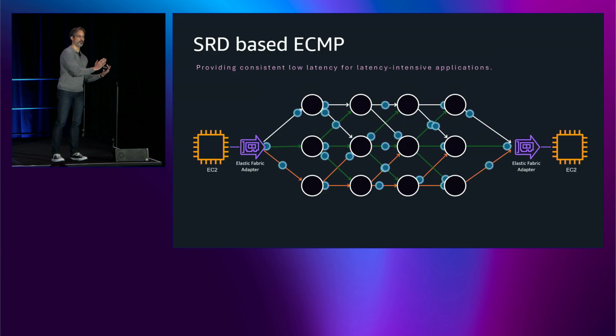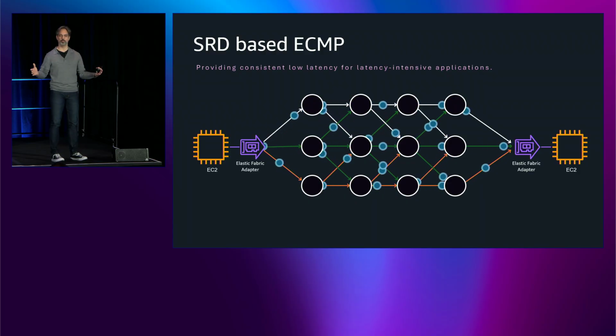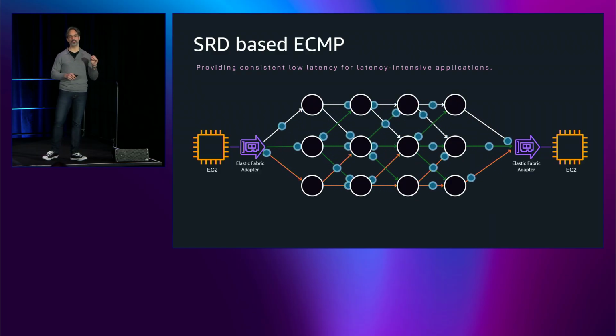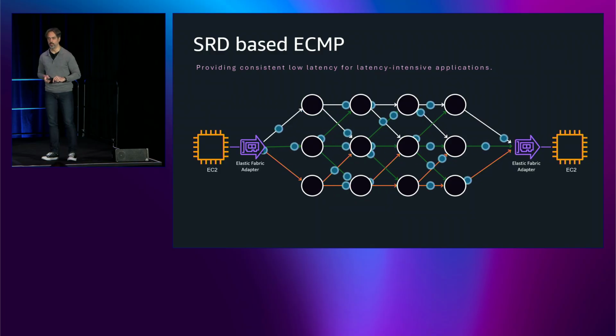So you transfer data from instance A to instance B using all of the available channels, all the available network devices at the same time. It means that if a single network device fails, you're not heavily impacted.